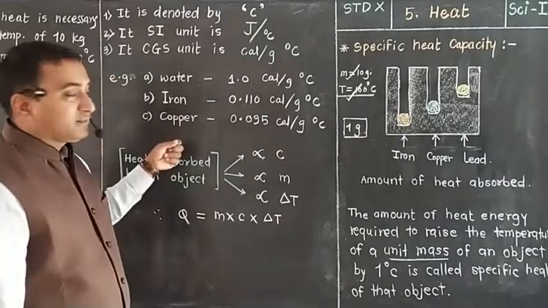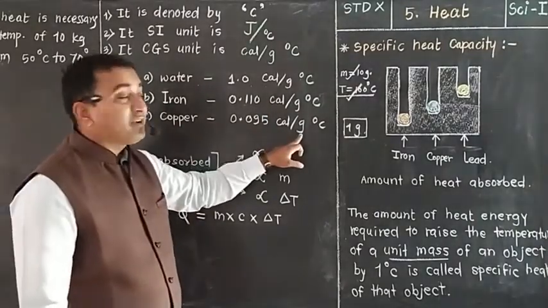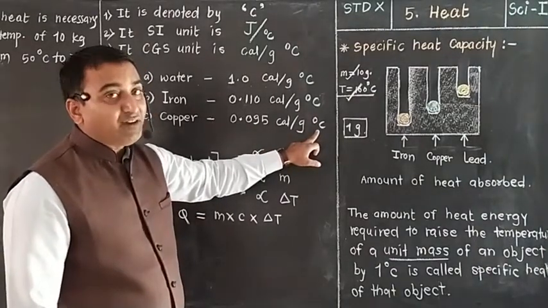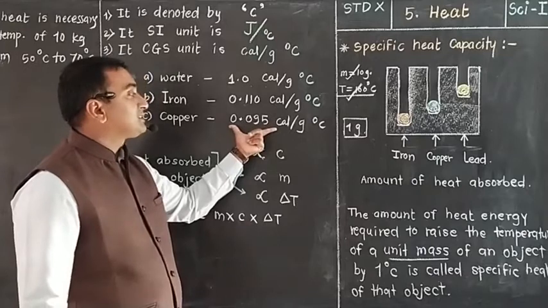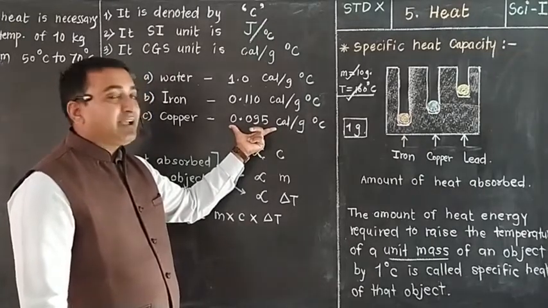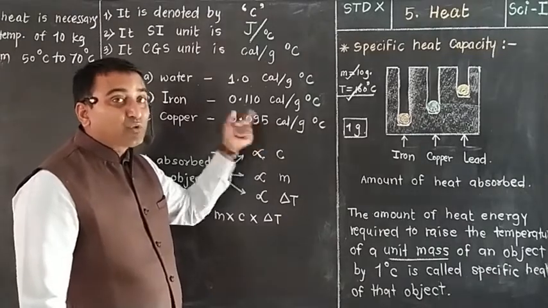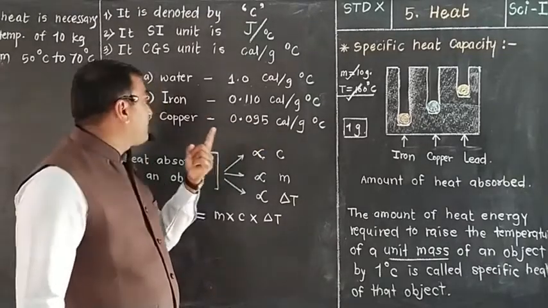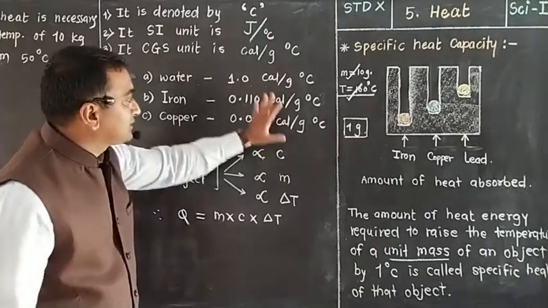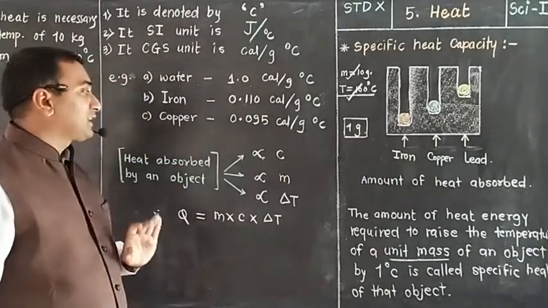What about copper? If you take 1 gram of copper and want to increase the temperature by 1 degree Celsius, then 0.095 calorie of heat is required to raise the temperature of that 1 gram of copper by 1 degree Celsius. So this is the part of specific heat capacity.